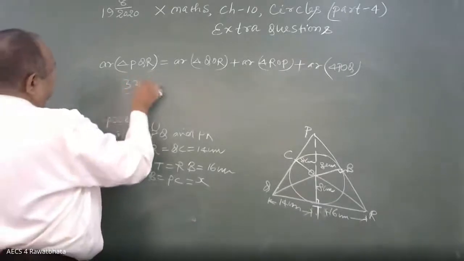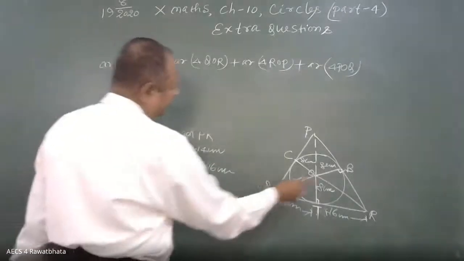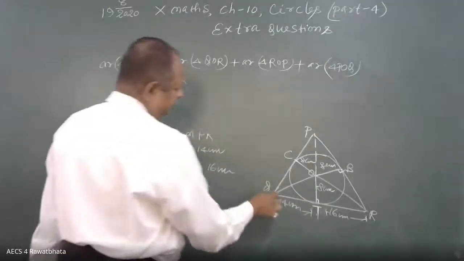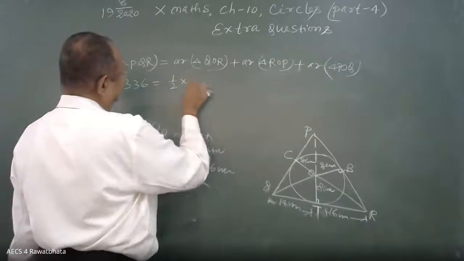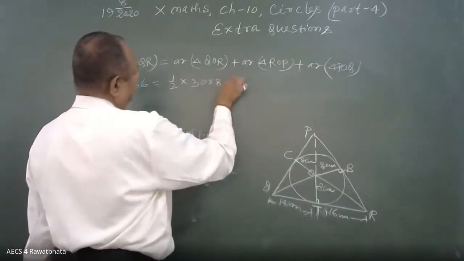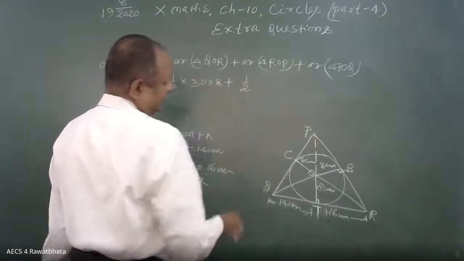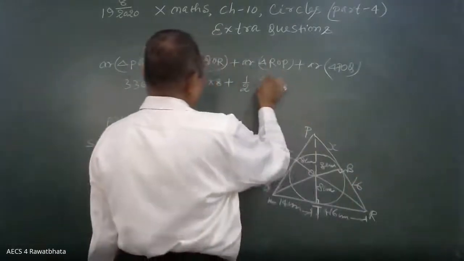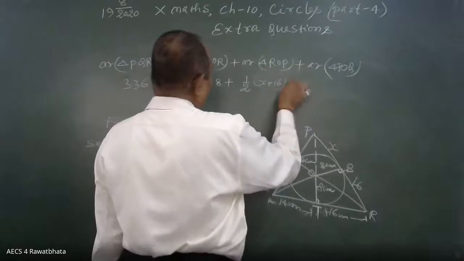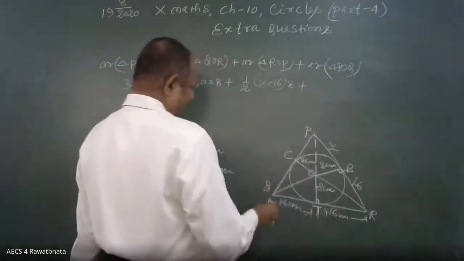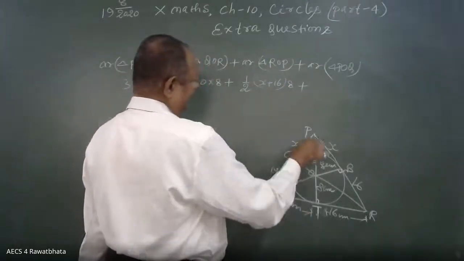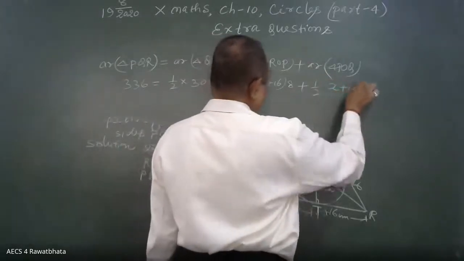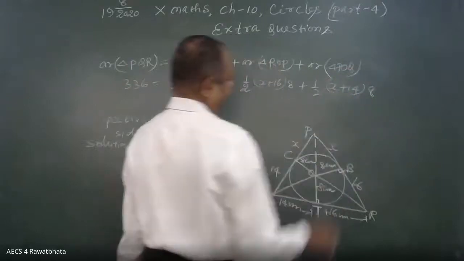Now this area is given, 336. Now the area of this triangle will be half into base. Base is 30, into 8, plus half into base. This is 16, this is x, so x plus 16 into 8, and plus this is 14, this is x, so half, a base is x plus 14, into 8.